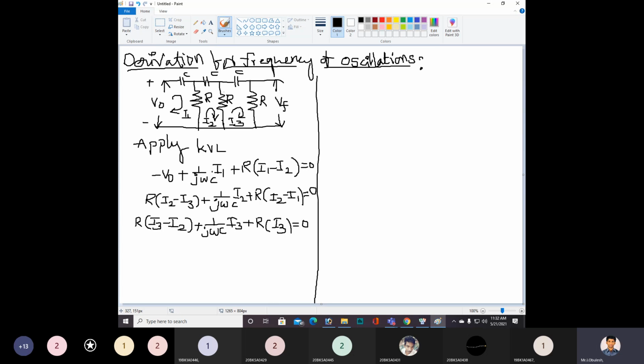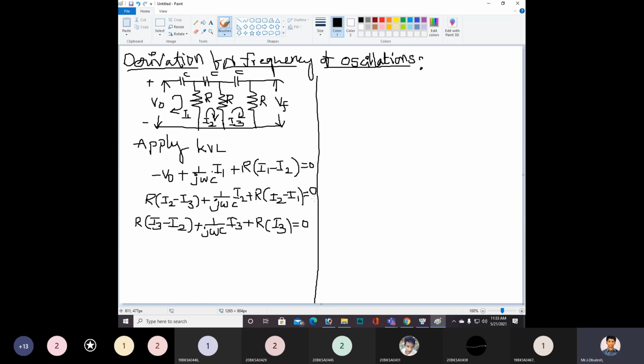For the second loop, first you need to take I2 minus I3 into R, then plus 1 by j omega c into I2, then plus R into I2 minus I1 for this resistor.